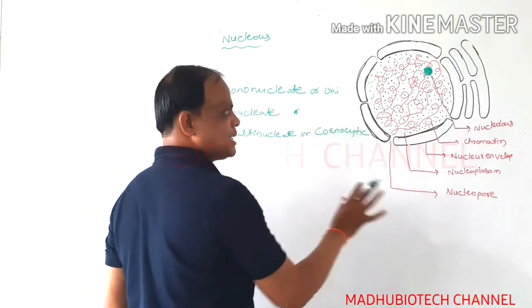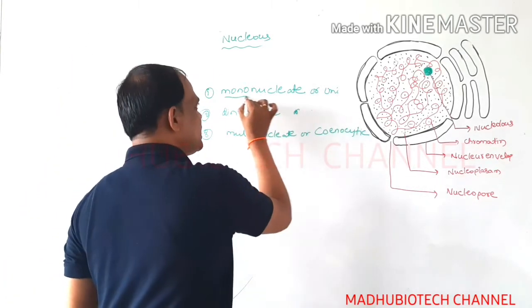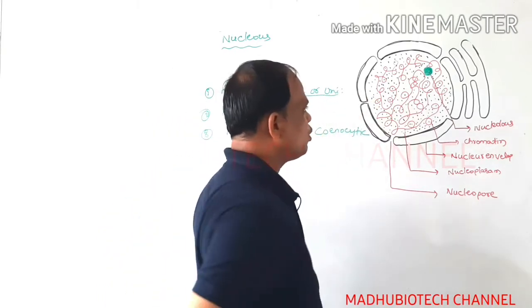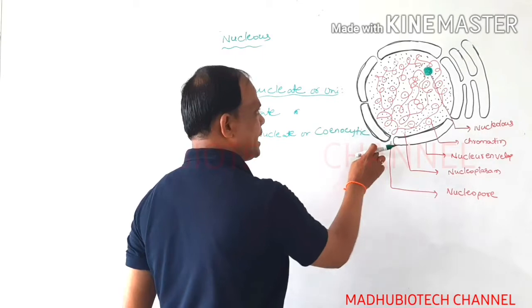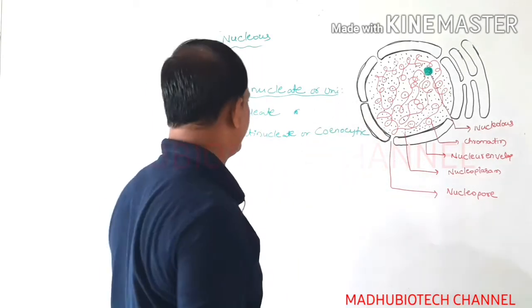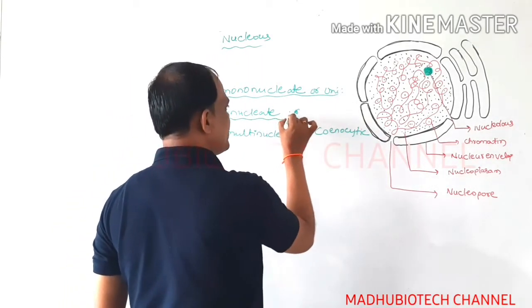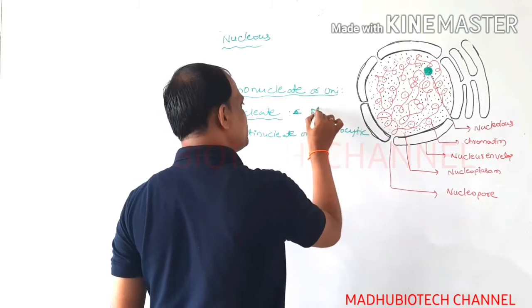Mononucleate means the cell contains only a single nucleus. For example, all plant cells contain only one nucleus, so they are uninucleate. Dinucleate cells are found, for example, in Plasmodium species.